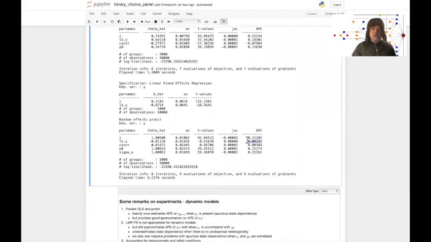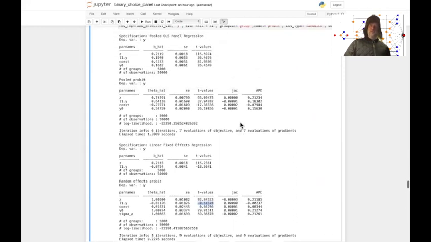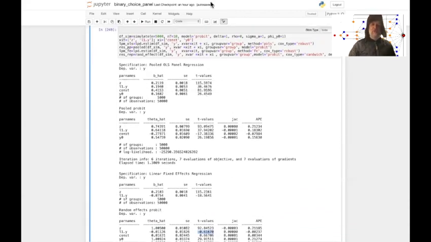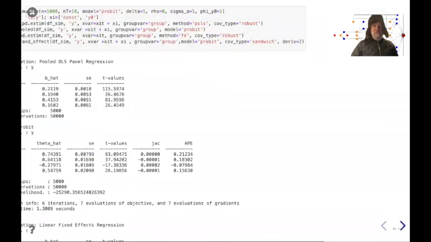We can reject that there is any state dependence based on a simple t-test. The t value is less than 2, and the average partial effect is really close to 0. So the bottom line, which I think I showed in many different examples, is that controlling for unobserved heterogeneity and individual fixed effects is extremely important when you're estimating dynamic models.